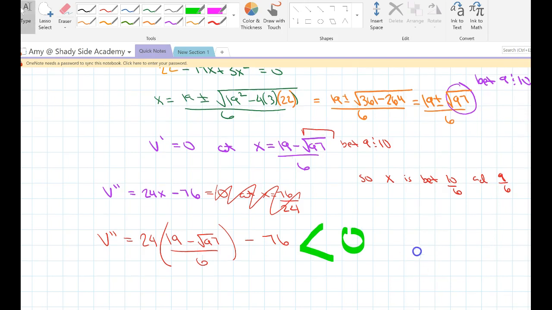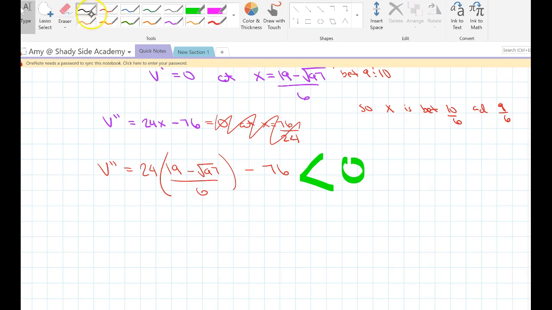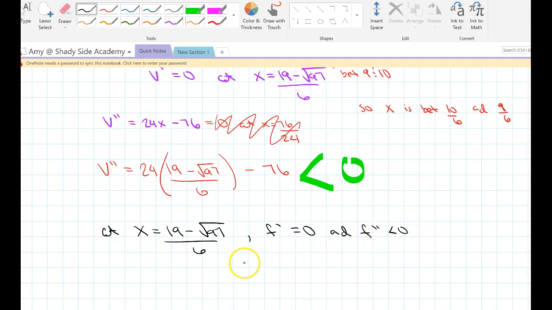Now, let's take a look at this. What we've just shown is that at x equals 19 minus root of 97 all over 6, V prime equals 0 and V double prime is less than 0.